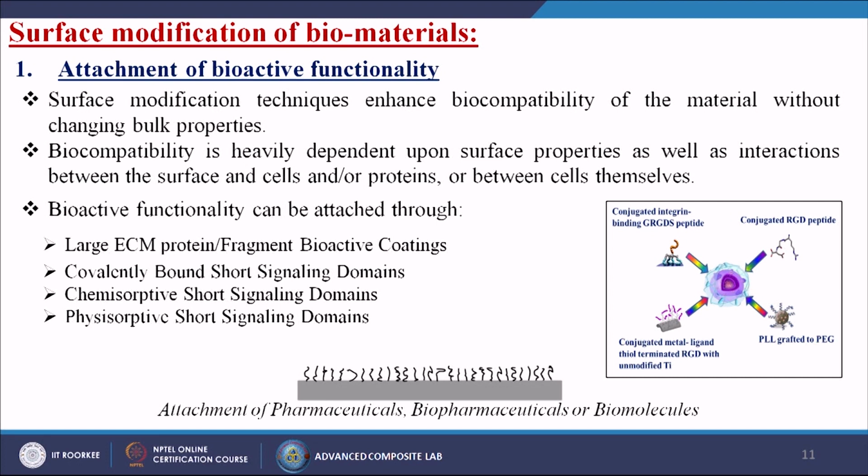Biocompatibility is heavily dependent upon surface properties as well as the interactions between the surface and cells and or proteins, or between cells themselves. Bioactive functionality can be attached through large extracellular matrix protein or fragment bioactive coatings, covalently bound short signaling domains, chemisorptive short signaling domains, physisorptive short signaling domains.